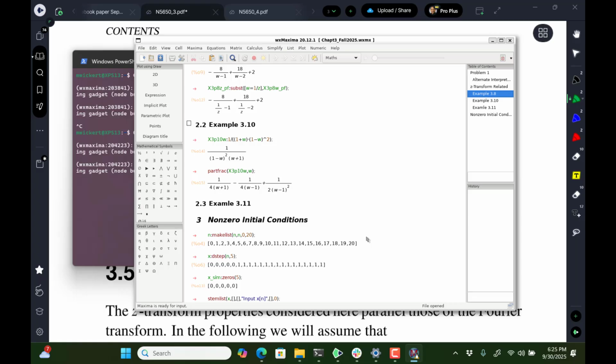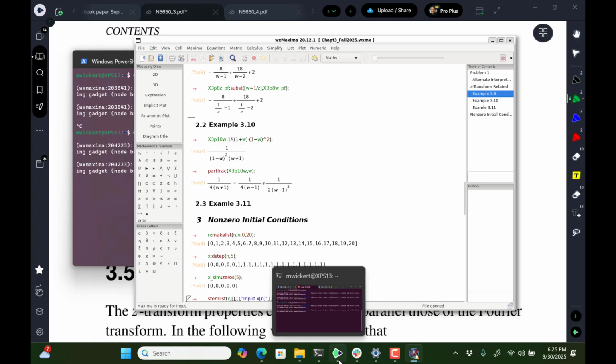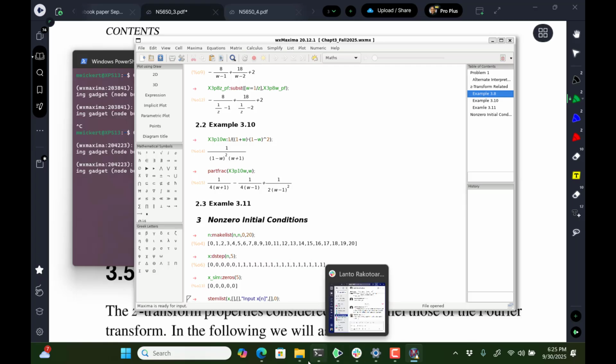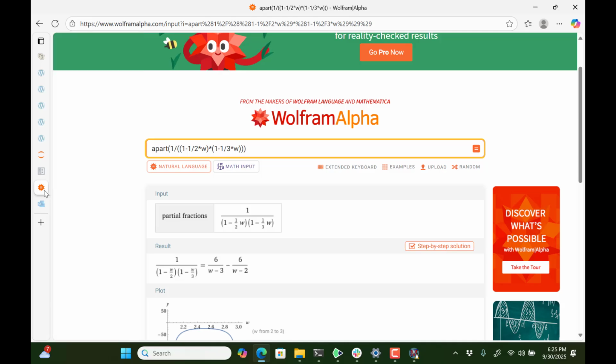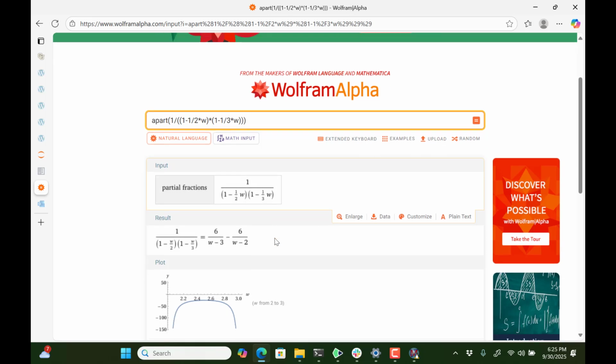So I think I still have it running in here. So here I took an example in Wolfram Alpha, and it will do a partial fraction expansion on it.